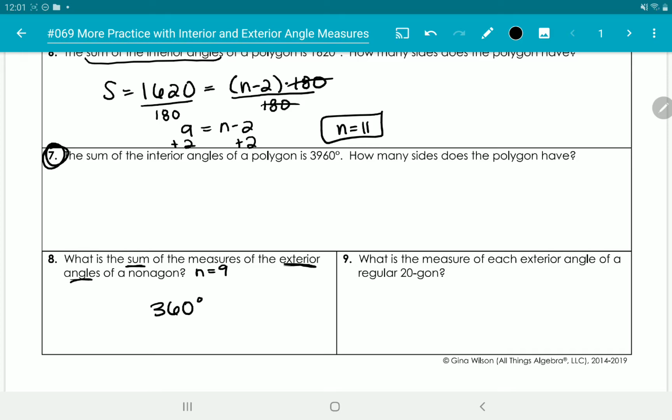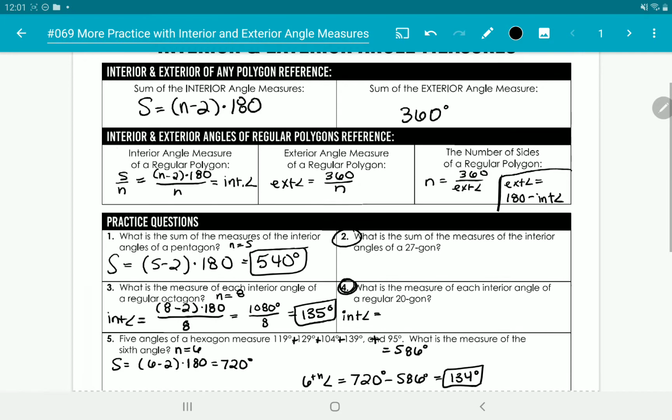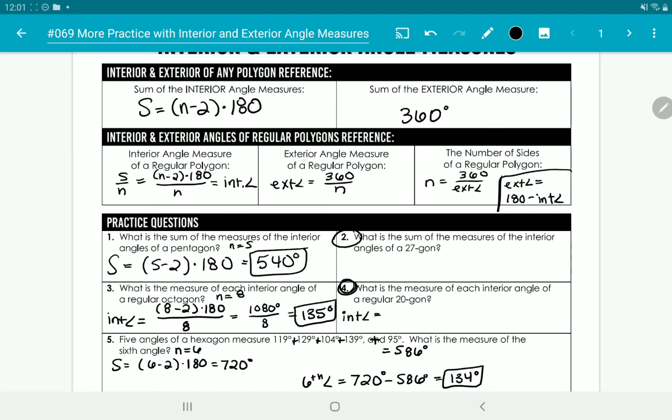Number 9 says, what is the measure of each exterior angle? So we're looking at an exterior angle of a regular polygon. So n equals 20 here. So that's going to be this one. Exterior angle, this is number of sides. I literally did not read it. Number of sides of a regular polygon. This is exterior angle of a regular polygon.